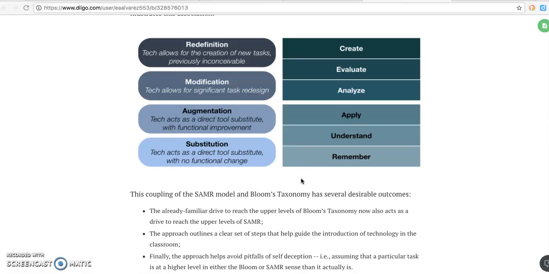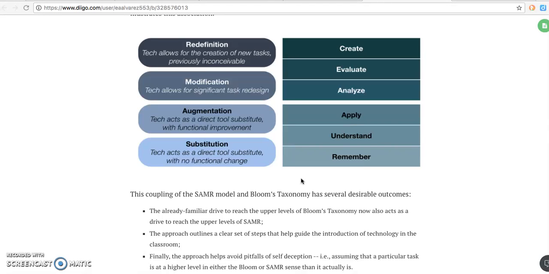In the substitution phase, you're also looking to help students further understand. So we're looking at remembering and understanding in terms of Bloom's. In the augmentation stage, you're using the tool to substitute with functional improvement.